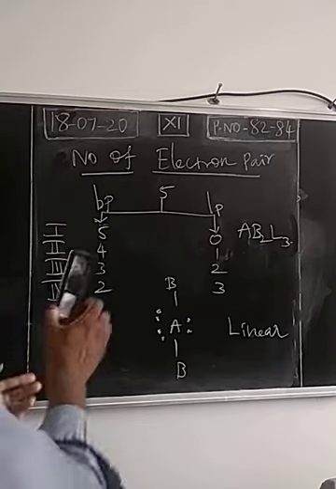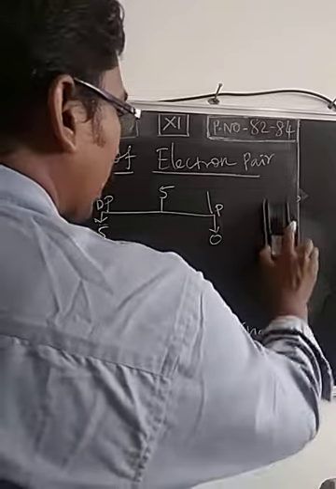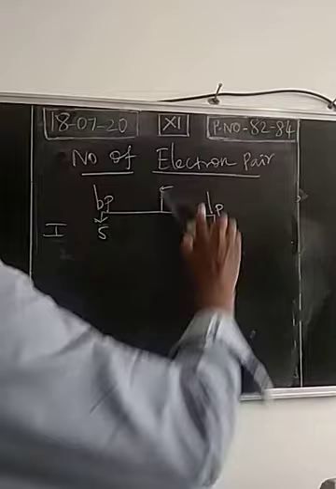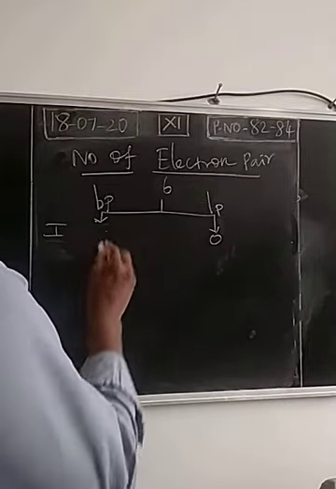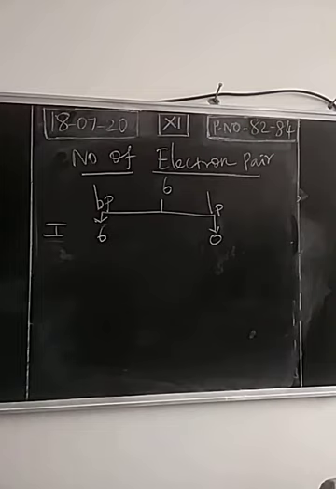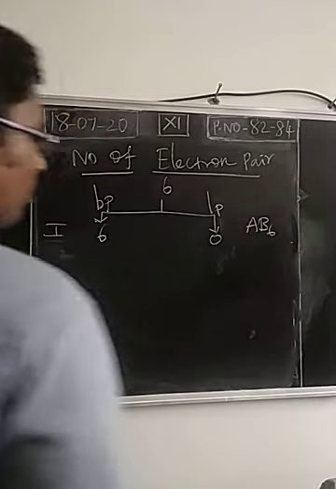Next, molecules in which 6 electron pairs are present around the central atom. So the first possibility, 6 electron pairs can be present in the form of bond pairs of electrons. So the formula will be AB6.